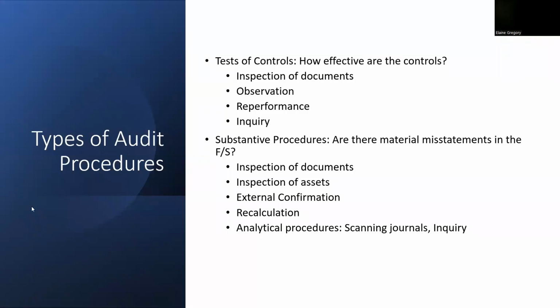Now, we have two major categories of audit procedures. One is the test of controls, and the other one is what we call substantive procedures. Under the test of controls, we want to know how effective our different controls are.